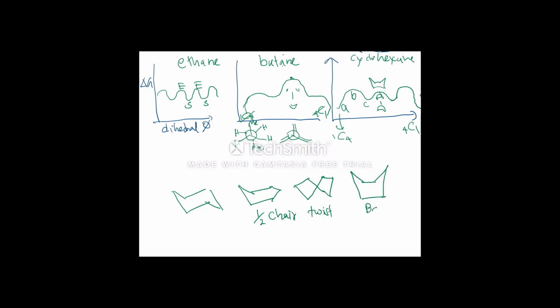Those are the ones that repeat, and it's a harmonic change. Also, this boat has 2 hydrogens clashing with each other, the flagpole effect. So now repeat these 4 conformational changes from the center of the angry monster, and then repeat to the end of the diagram again.